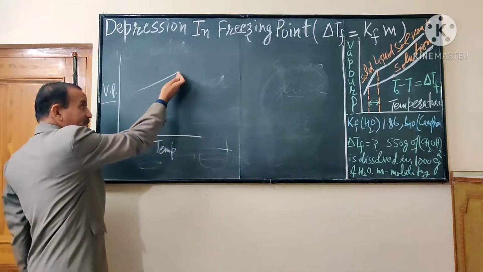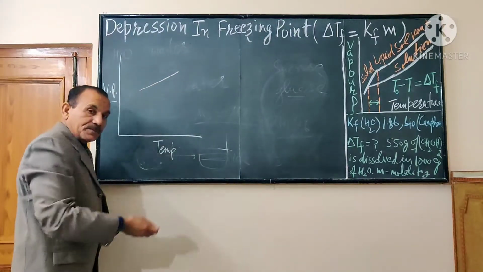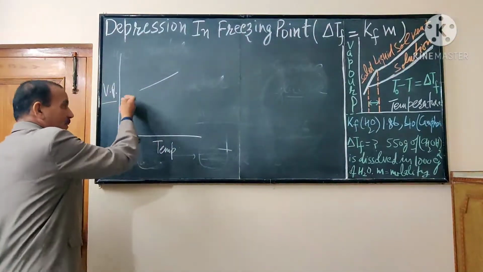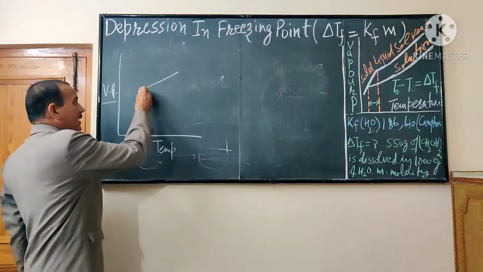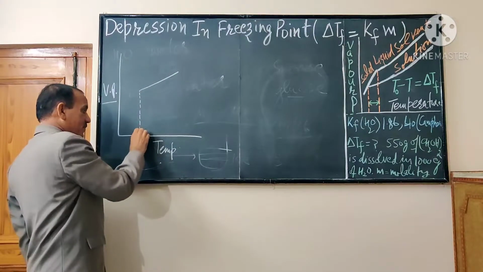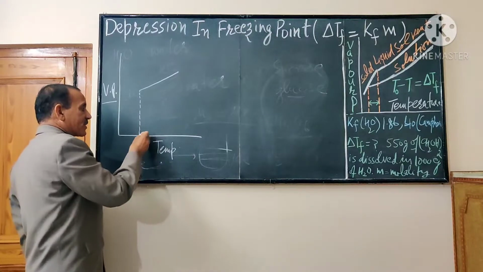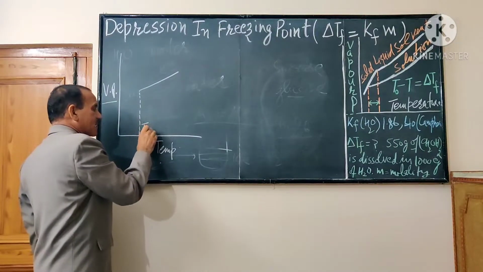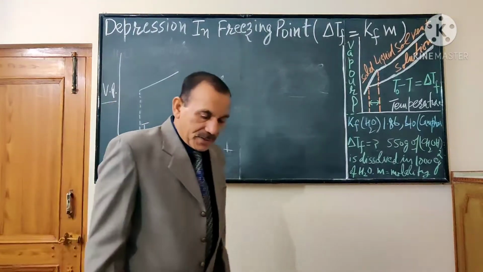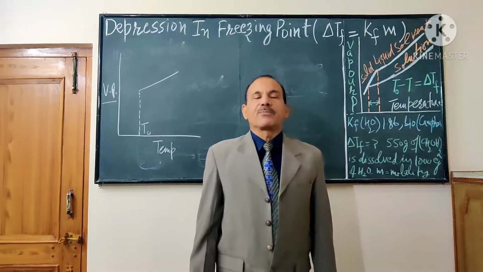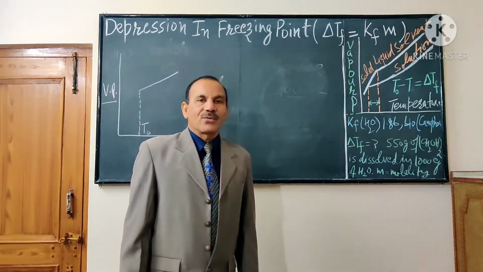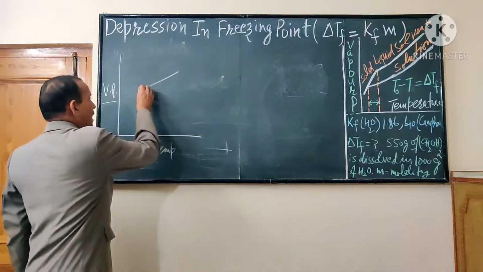If we decrease the temperature of the liquid water, vapor pressure decreases and ultimately this water freezes at a particular temperature, let's say T naught. T naught means the freezing temperature or freezing point of the pure solvent. It is the temperature at which we get ice also.